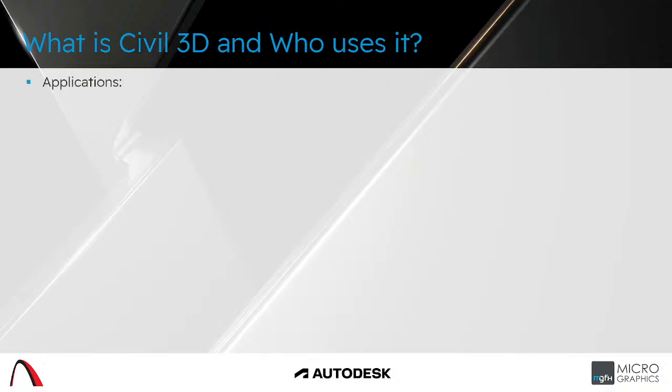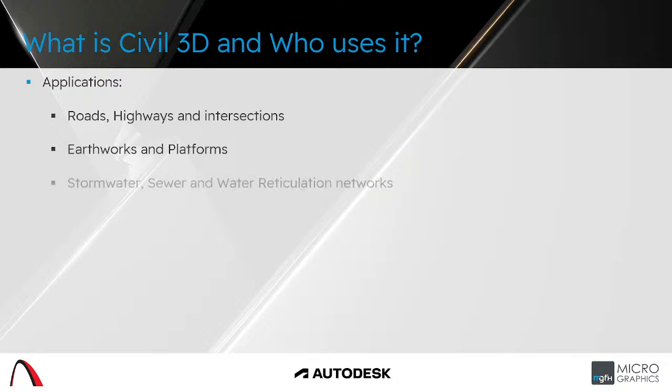As for application, meaning where it is mainly applicable for one to use Civil 3D, that is on roads, highways, and intersections. When one is designing earthworks and platforms, one can use Civil 3D.